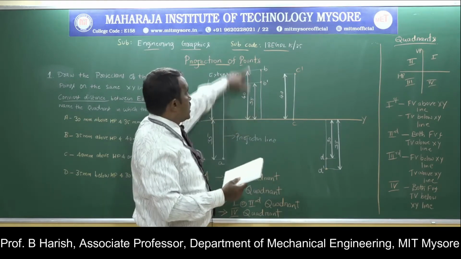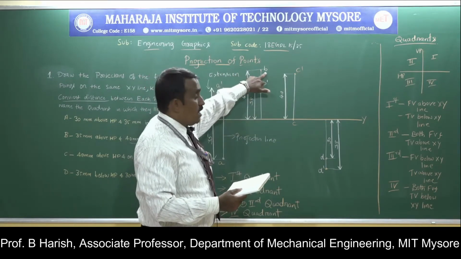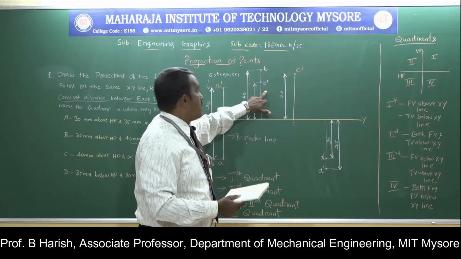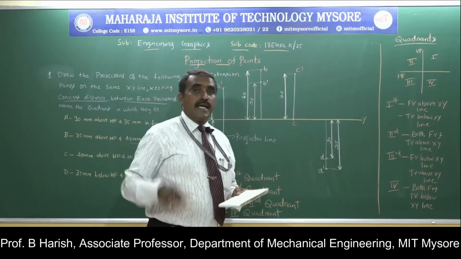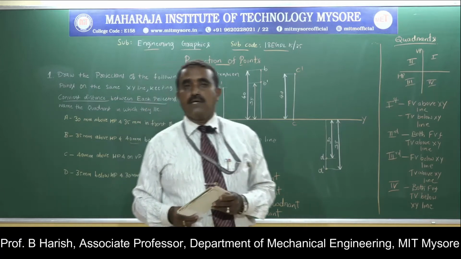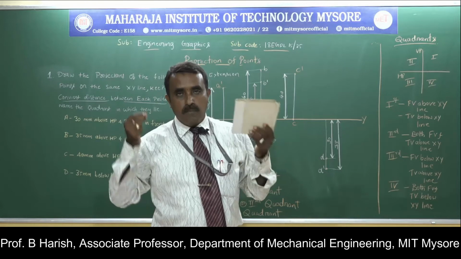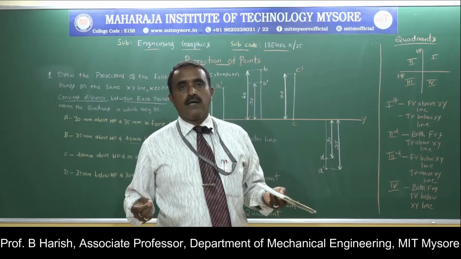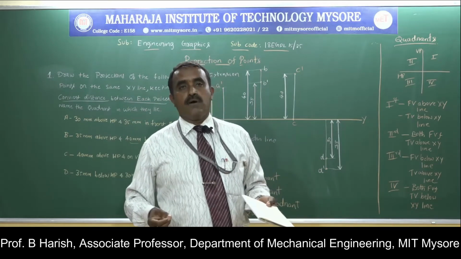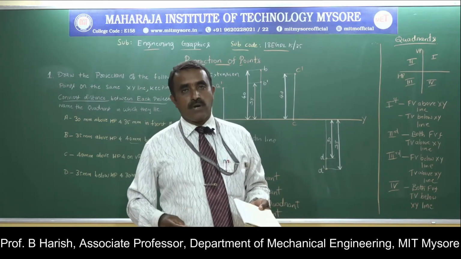So the distance of 40 will be your top view, whereas 35 will be the front view. In the case of graphics, imagination should be there. So how will be the position? If you are perfect in the basic things, then analyzing the problem and drawing the solution will be easier.